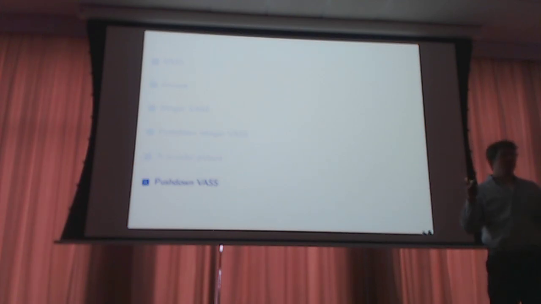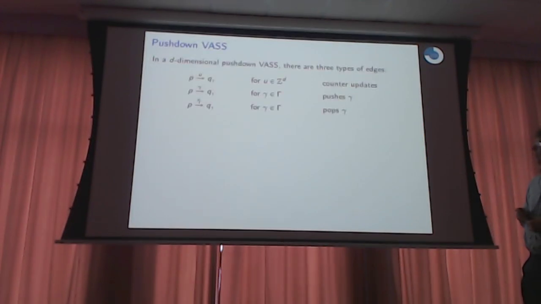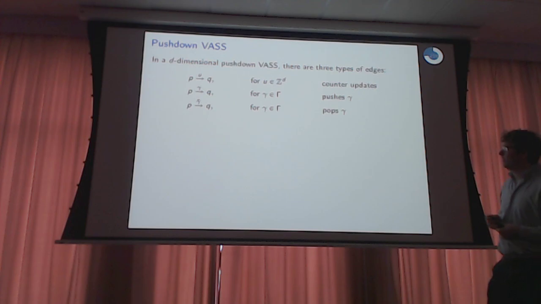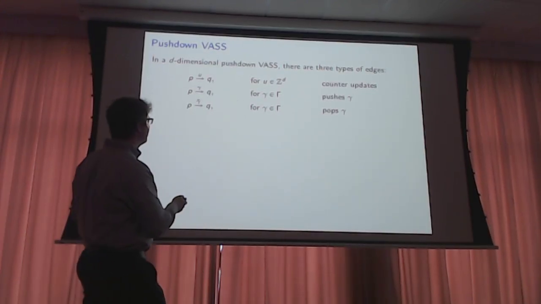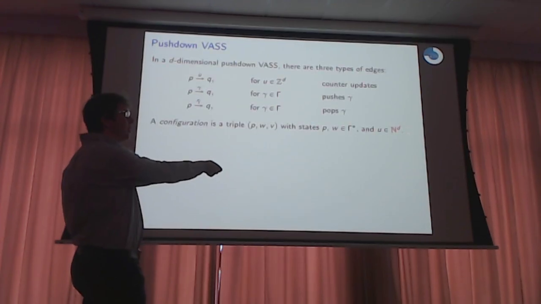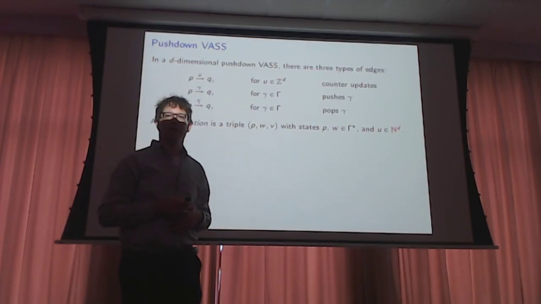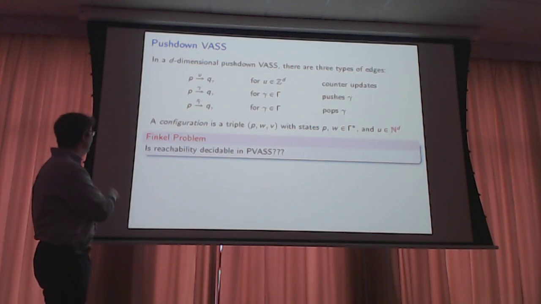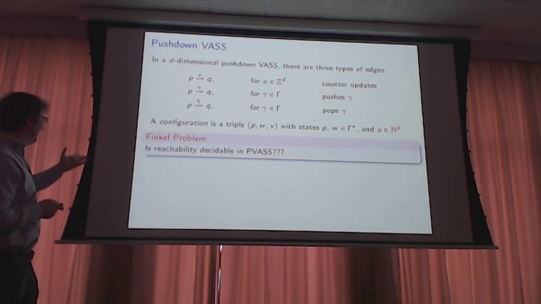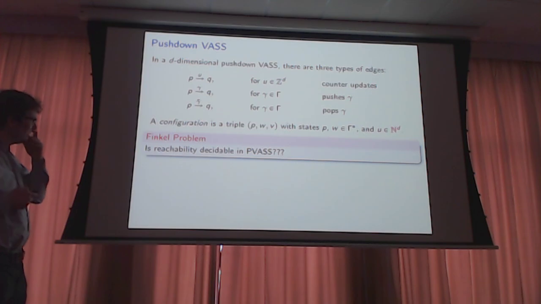And then we go from not known to decidable. Right, so pushdown VAS is syntactically the same as a pushdown integer VAS, except that the configurations now have to have natural numbers in the configuration. So, I was told this is the open problem whether reachability is decidable there.